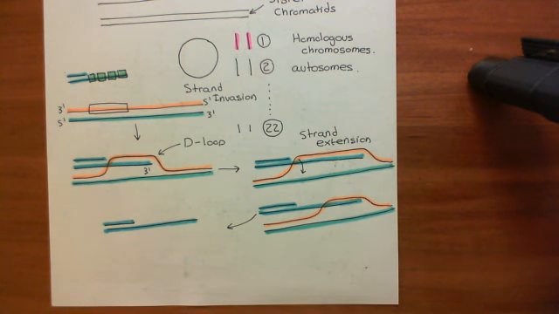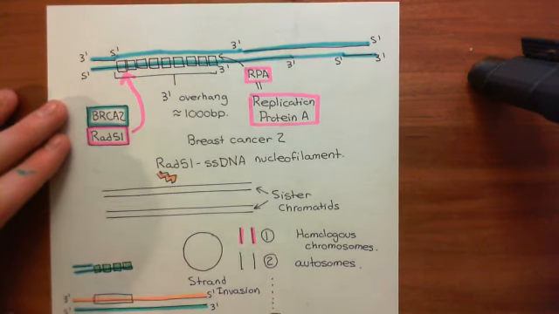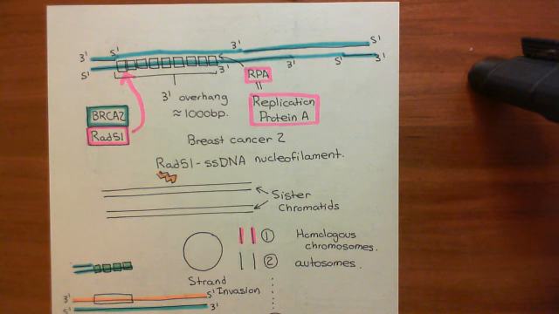Then we can stitch the two sides back together, and this, unlike non-homologous end joining, really can reproduce the exact chromosome back again, just good as new basically. So it's better than non-homologous end joining, but non-homologous end joining is more commonly used.